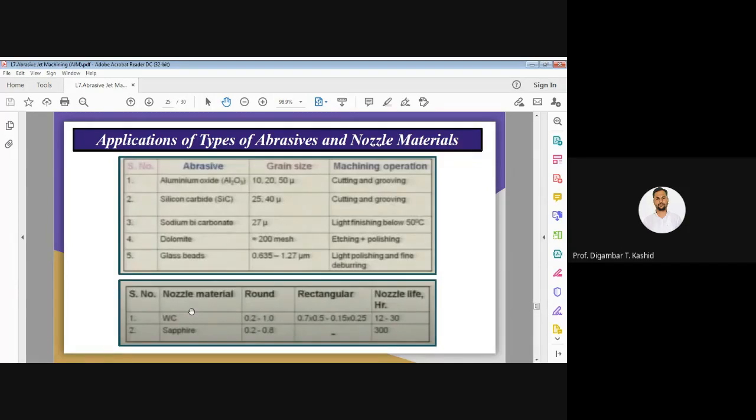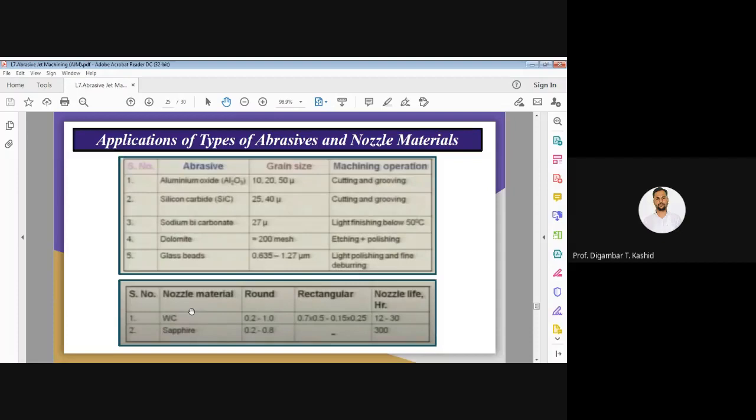If your nozzle is round, then the diameter you can keep is 0.2 to 1 mm. If it is made of tungsten carbide, then 0.2 to 1 mm, and if it is made of sapphire, then you can use 0.2 to 0.8.